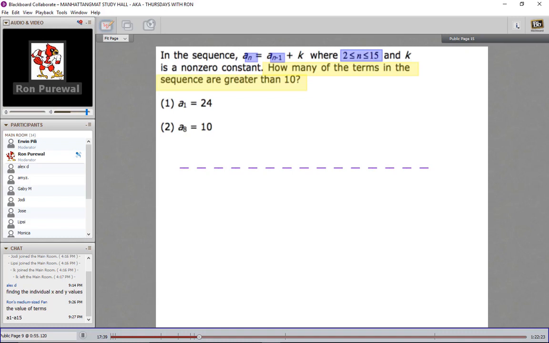Like if you write that statement out for the first few n's, let me blank down a little bit. Remember that the sequence subscript n just means the nth term of the sequence, right? So like if n is 2, that gives you a sub 2 equals a sub 1 plus constant. If n is 3, that gives you a sub 3 is a sub 2 plus constant.